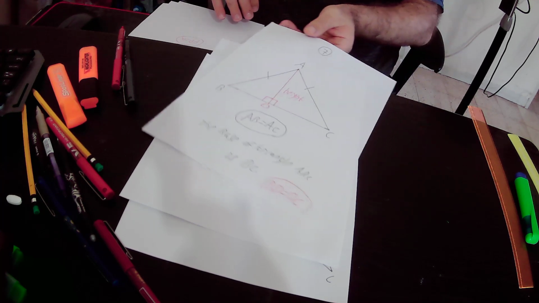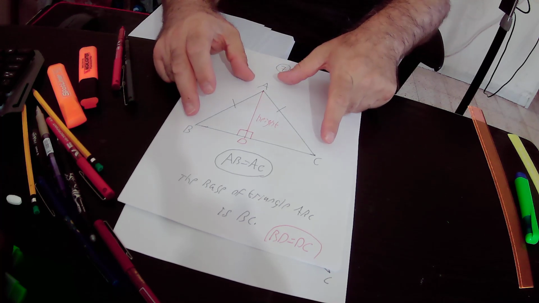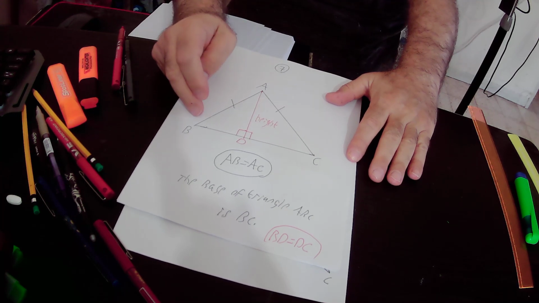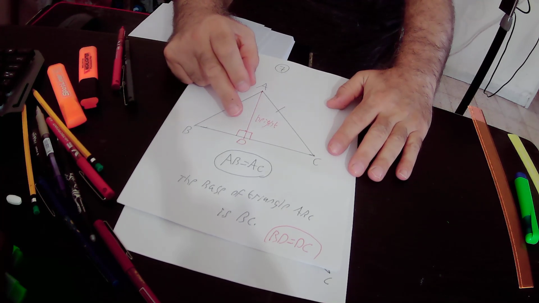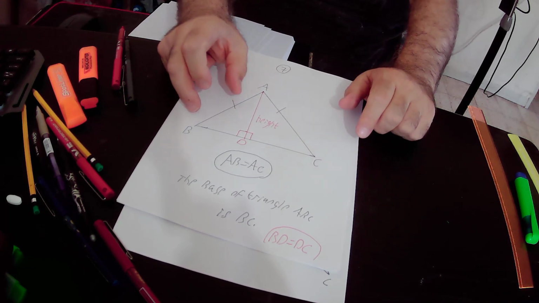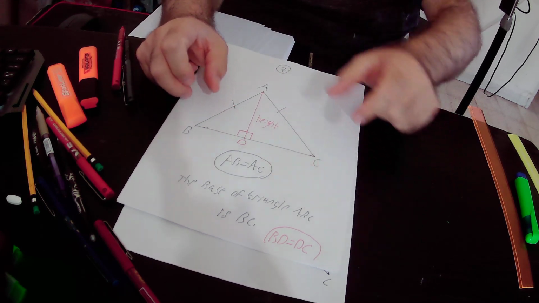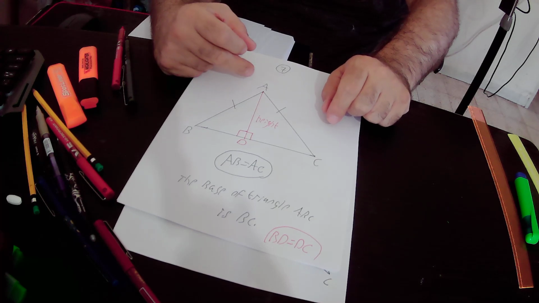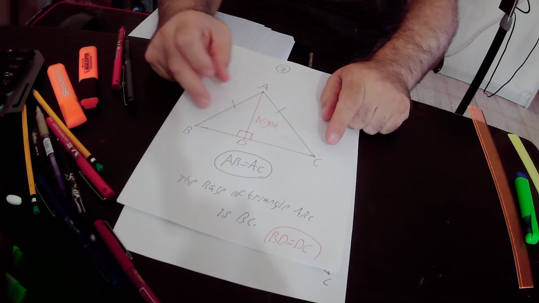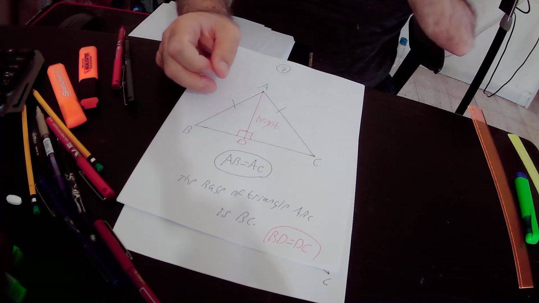So if we have an isosceles triangle ABC, that is to say AB equals AC, and we draw the height AD to the base BC, this height will divide the base BC into two equal parts, that is to say BD equals DC.